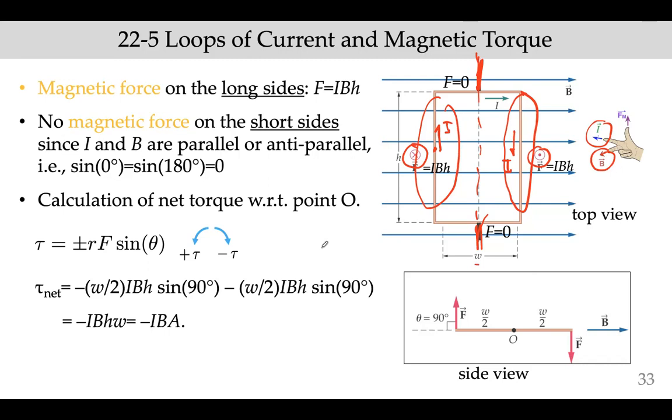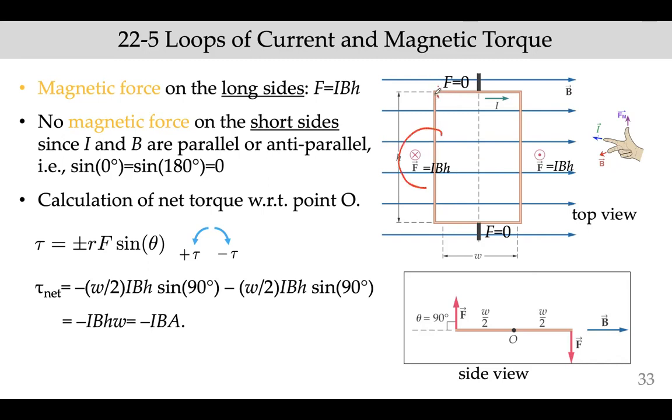We have force and we have some object that can rotate around a fixed point. Then we write the total torque. Let's do that. So for this part, there's a force here and there's a force here.